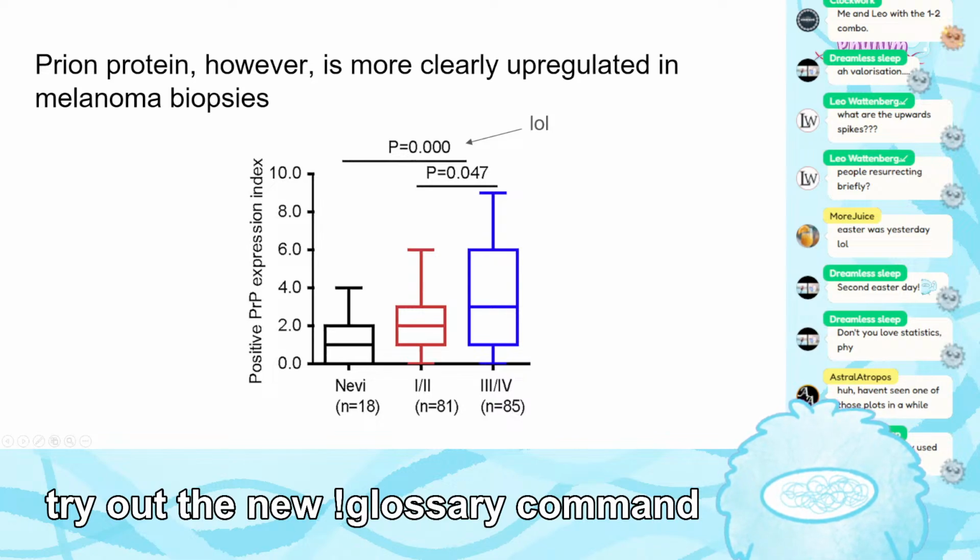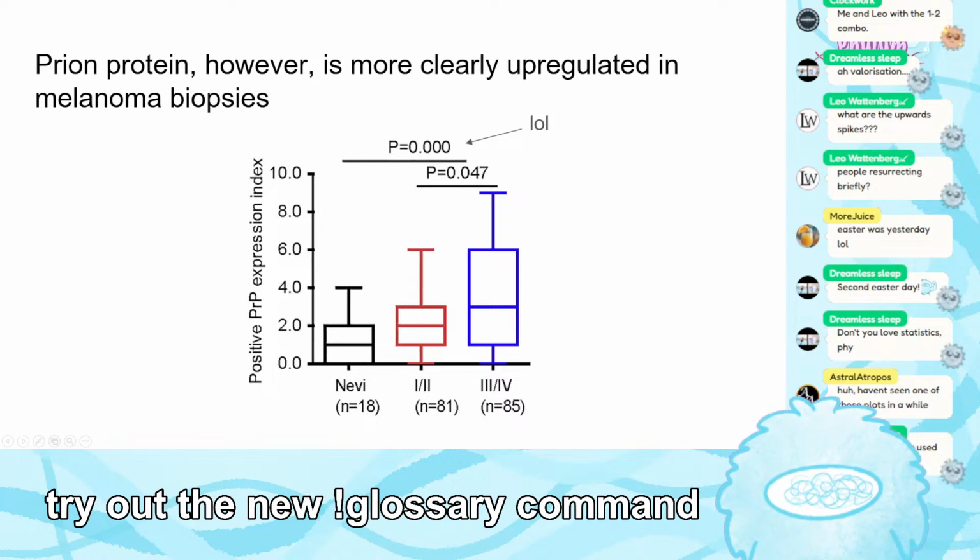progressed cancers, this is, I think, a lot more noteworthy, right? So if we have normalized Nevi prion expression at 1.0, the highly developed cancer, stage 3 and stage 4 biopsies, are about 3 times as much prion protein, according to this histopathology slide.